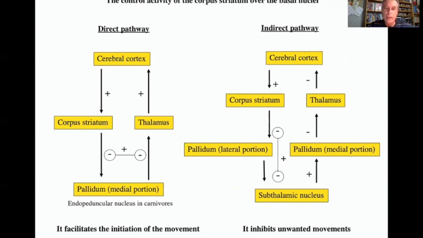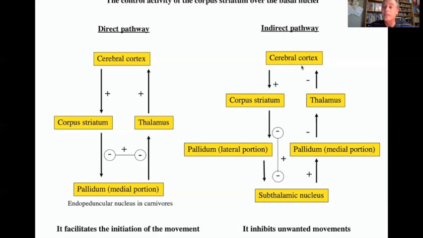Then the corpus striatum projects inhibitory actions over the medial portion of the pallidum, known as the endopeduncular nucleus. As this nucleus is inhibitory over the thalamus, we end up having an activation, because inhibition of an inhibition ends up in an activation. So the thalamus activates the cerebral cortex. This pathway tends to facilitate the initiation of the movement.